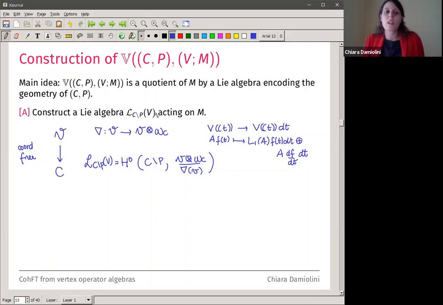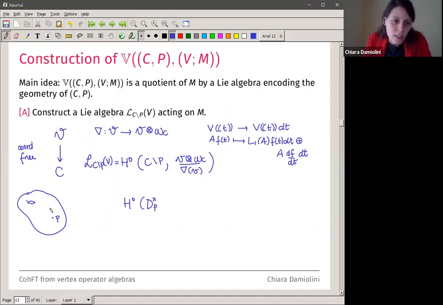Okay, and now we have to understand, how does it act on M? At this moment, okay, I have this object. Why should it act? Well, again, let's take maybe a picture. So I had the point P, and here I take the curve minus the point, but I can ask for less. I can ask for just a very tiny disk around the point where I remove the point itself. And this is D_P with a star.